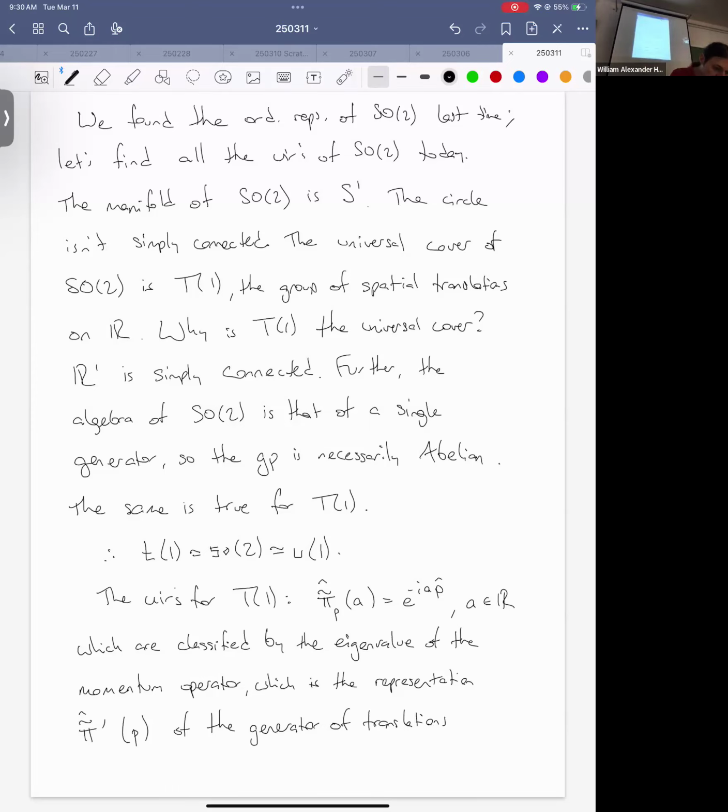I'm going to make this a minus up here, e to the minus I a p hat, generator of translations P.